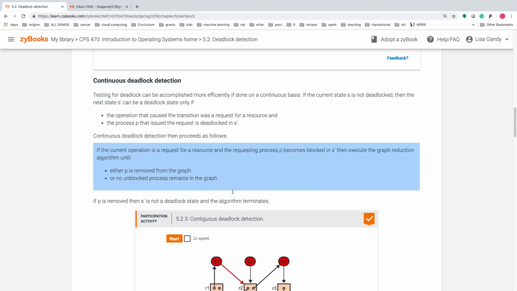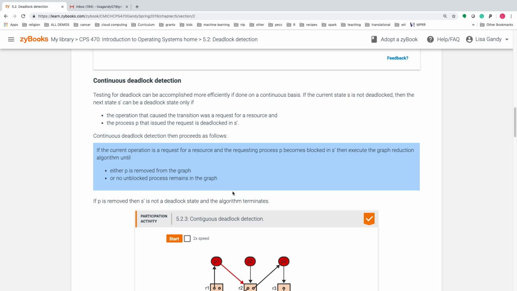So the only difference here is that we're not checking for a deadlock at the end, we're checking for a deadlock every time there's a request. Anytime a process makes a request, we do the graph reduction on the next state and see if there's a deadlock.